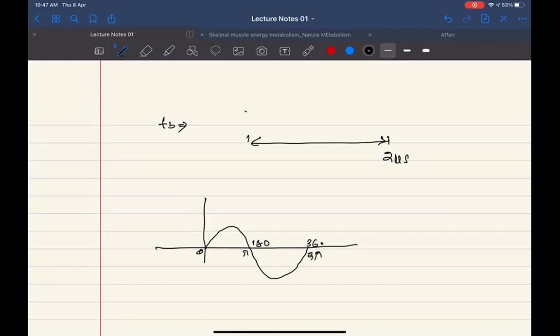So it starts from 0 when it is a sine signal, but when it is a cos signal, it always starts from the peak like this, and then the cycle is completed. So this is your cos signal, and this is your sine signal. I hope you already know that.